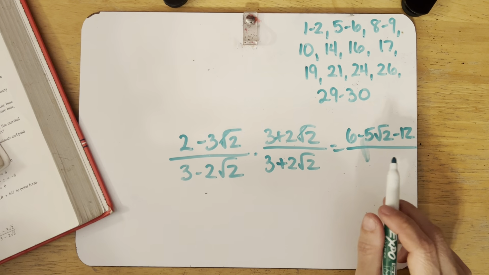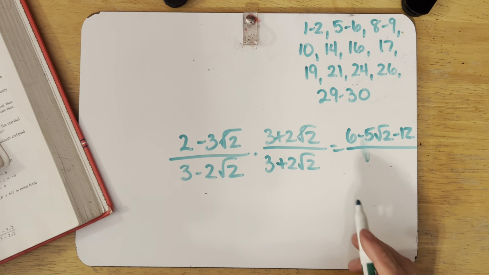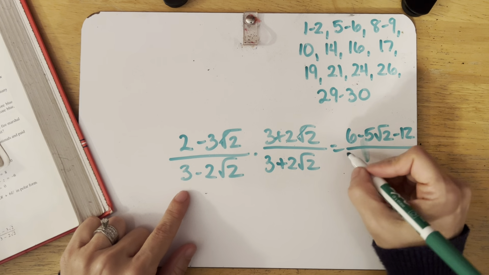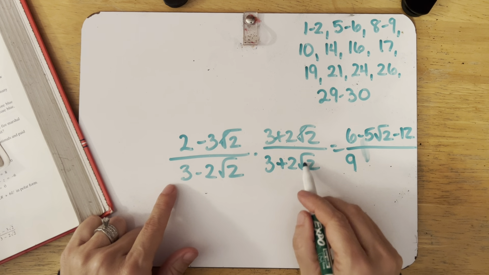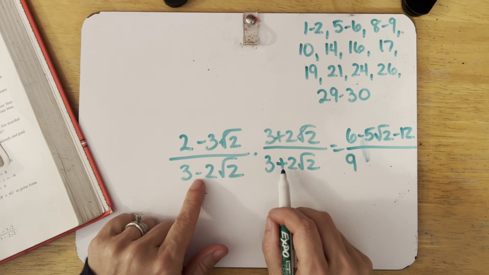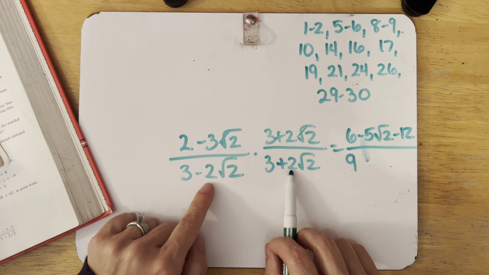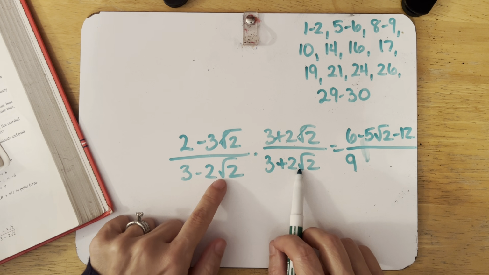over, okay, 3 times 3 is 9, then my outers plus my inners will cancel out. That's the whole point of the conjugate, multiplying by the opposite sign, so I'm not going to worry about that. And then negative 2 times 2 is negative 4. Square root of 2 times the square root of 2 cancels out to be just 2.